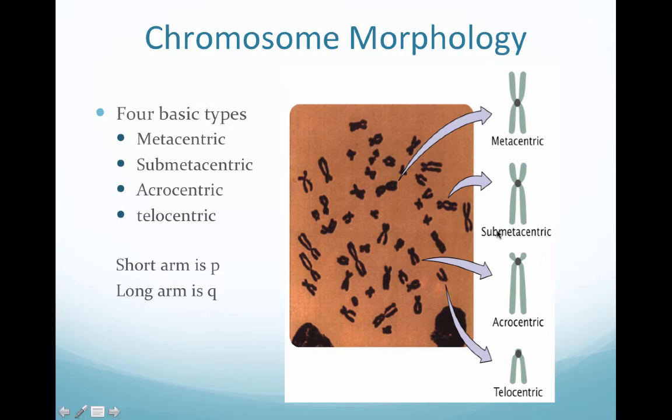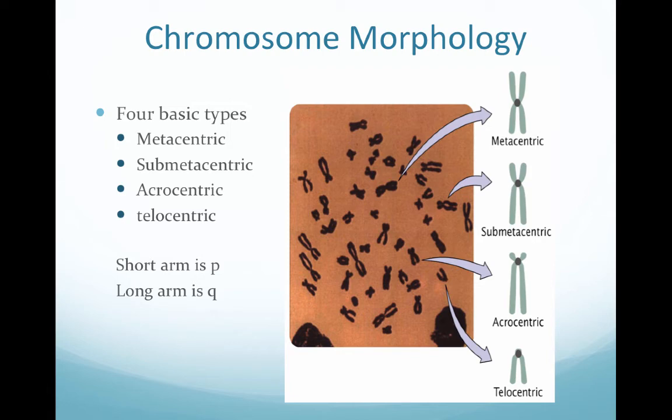If you get a centromere appearing very close to the end of the chromosome, that's going to be acrocentric. And then finally, when the chromosome is held together at the very ends of the telomeres, that's going to be telocentric. So again, telocentric is the easiest one to remember because the chromosome is held together by the telomeres.